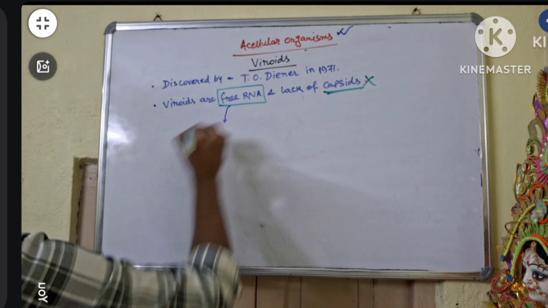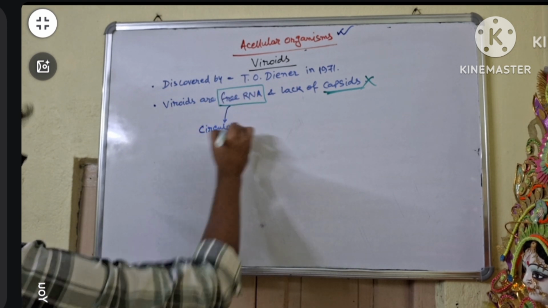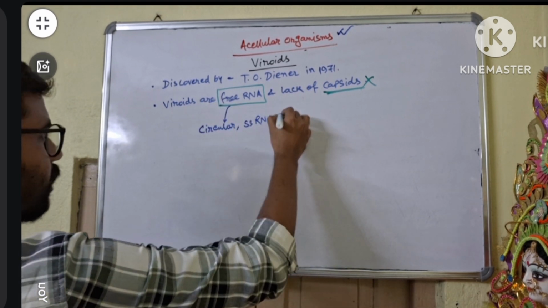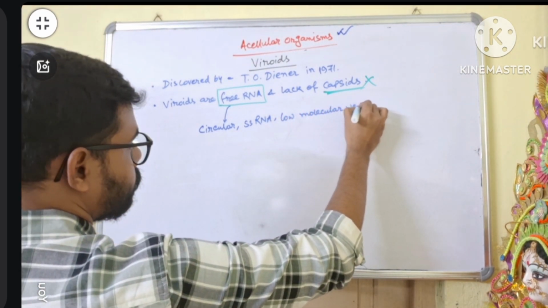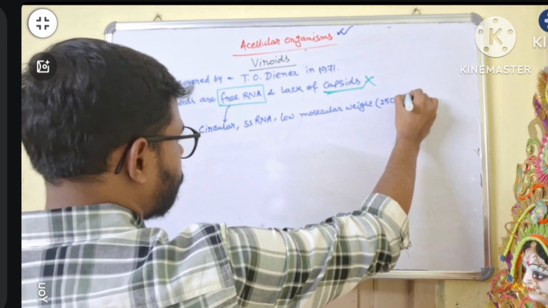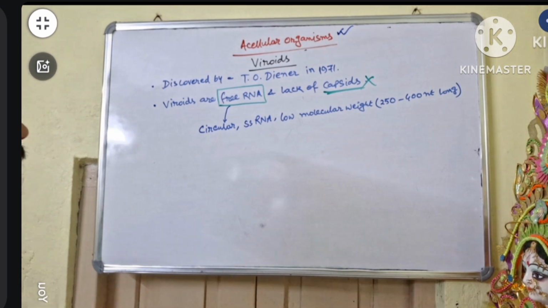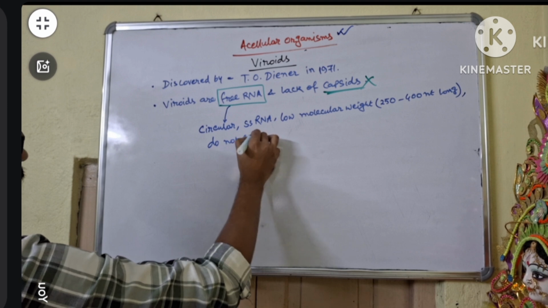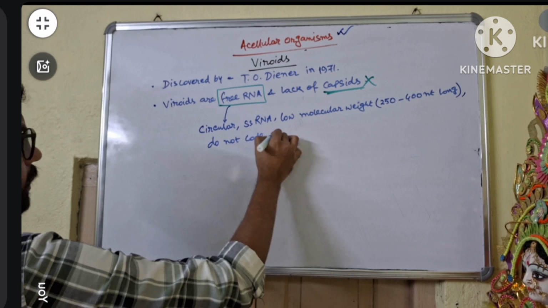And the RNA here is specially formed: circular, single strand, low molecular weight, only 250 to 400 nucleotides long, small in size. Another feature of viroid RNA is that it does not code for protein.